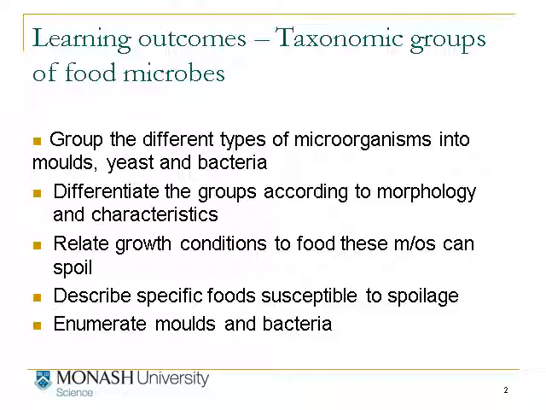You should also be able to relate the growth conditions to food these microorganisms can spoil, and describe the types of food that are susceptible to the different types of spoilage by the different taxonomic groups. And we are going to also talk about the enumeration of molds and bacteria towards the end.